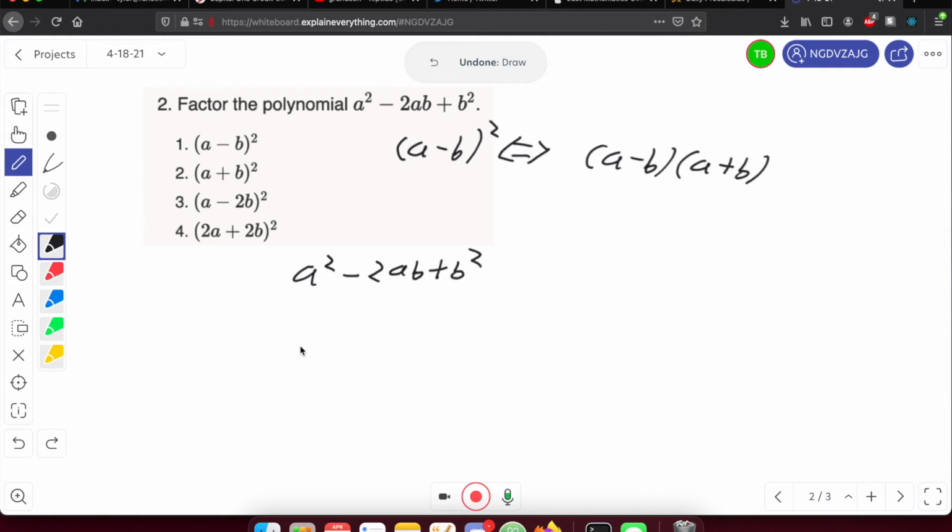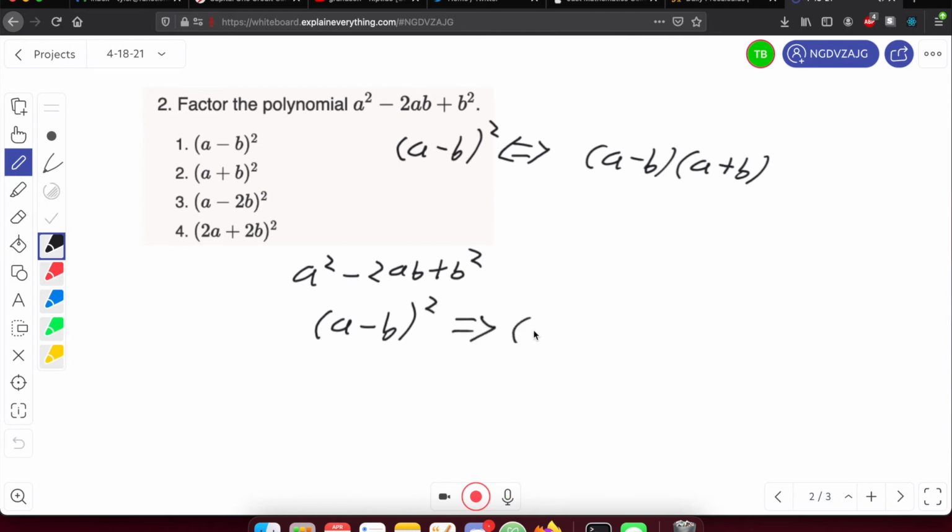You would think through, what do I need to multiply and what do I need to add, right? So we have a positive here and a negative here. This means that we're going to be multiplying two negative numbers. So since we're multiplying two negative numbers, let's try a minus b squared.